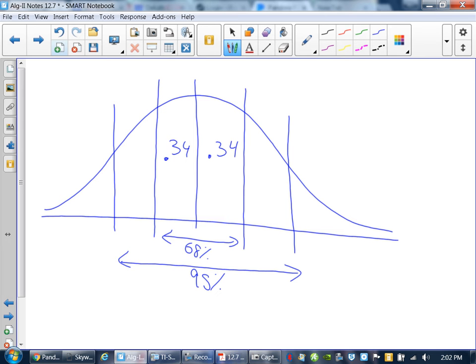How do I figure out those little slots? All you have to do is subtraction. If 95% is this whole chunk between the two, take out the middle, which was the 68%, and you're left with 27%. You okay with that? Each of those two chunks would be the same amount of data, so you just cut that in half.